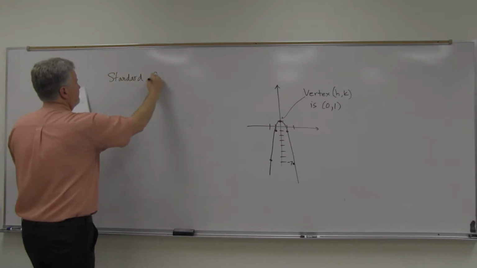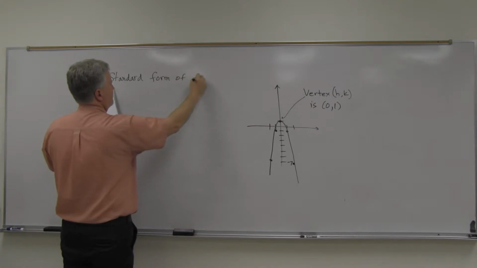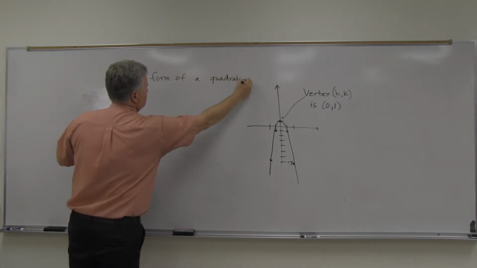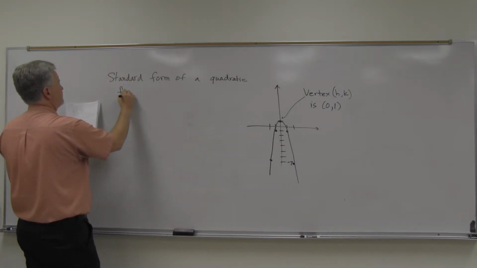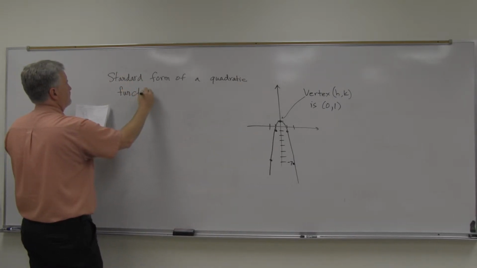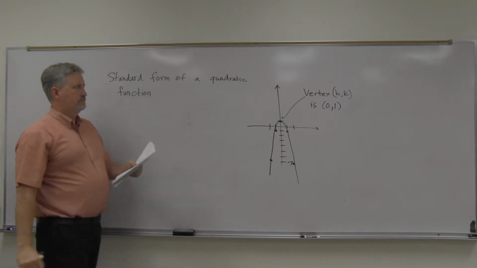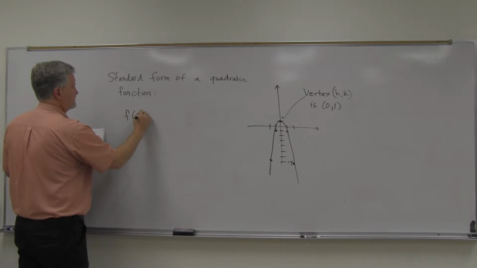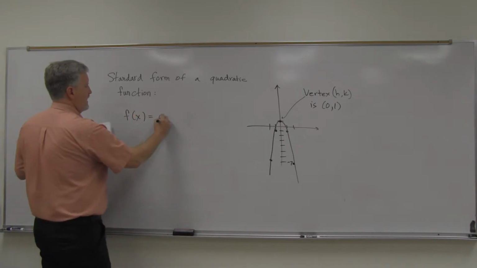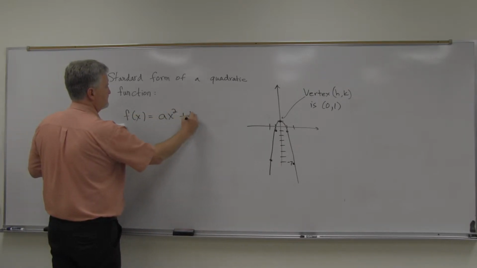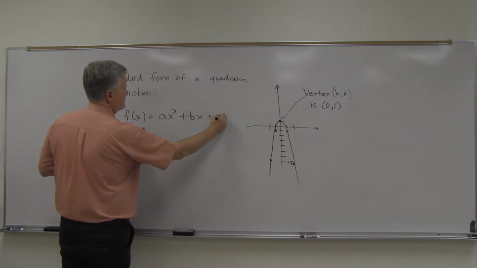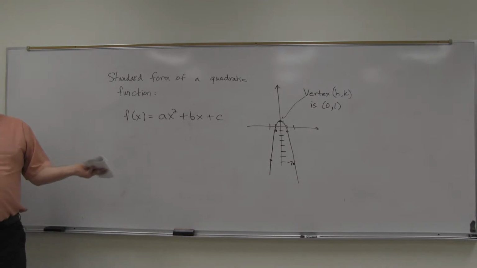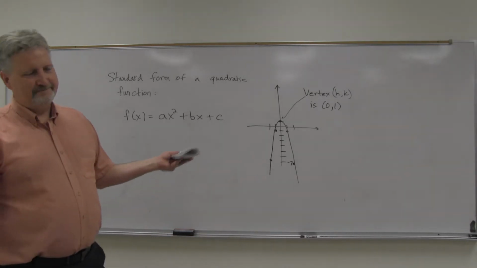So this is the standard form of a quadratic function. f of x equals ax squared plus bx plus c. We'll call that standard form. Give it a name.